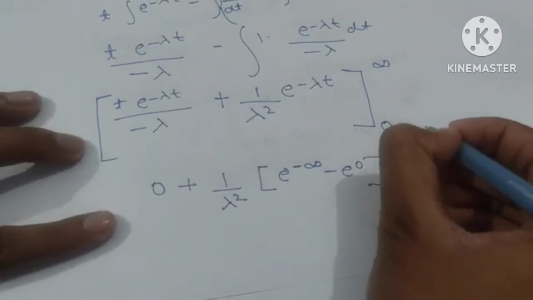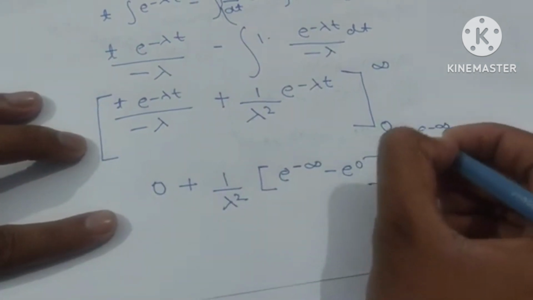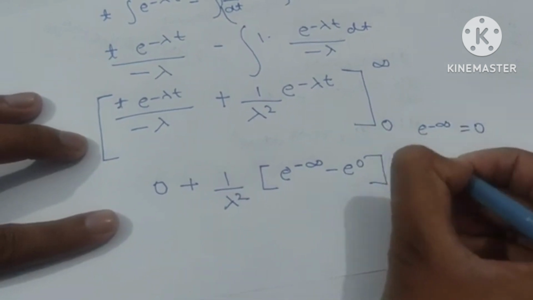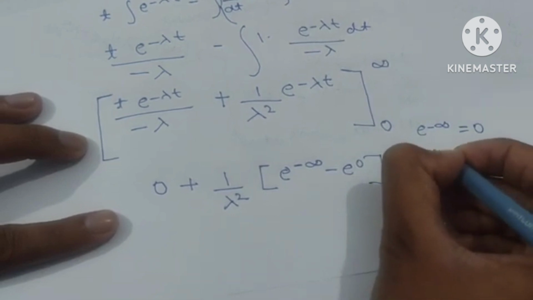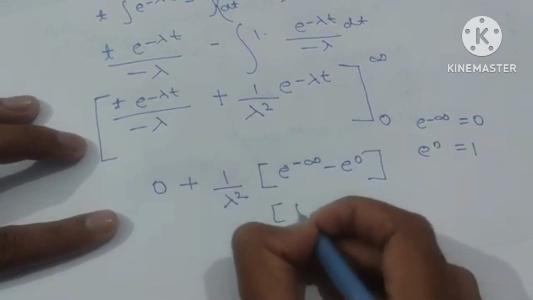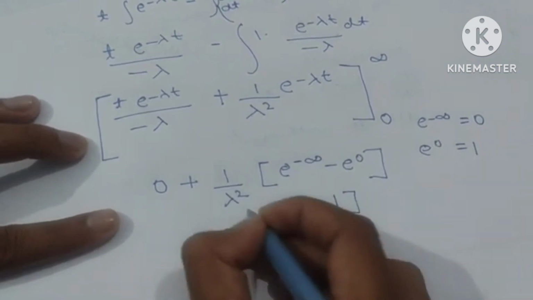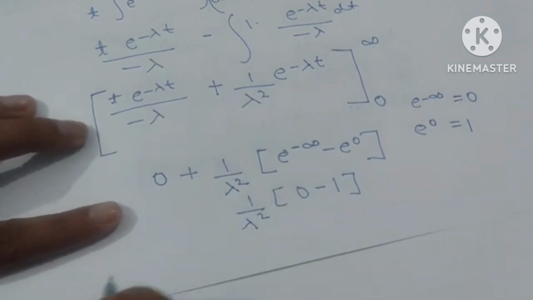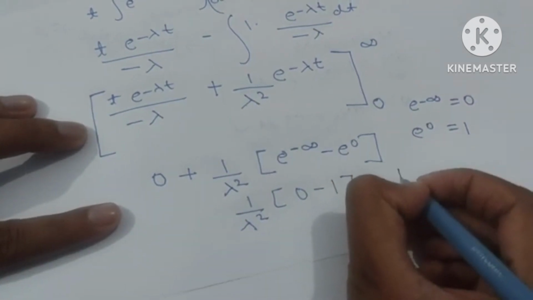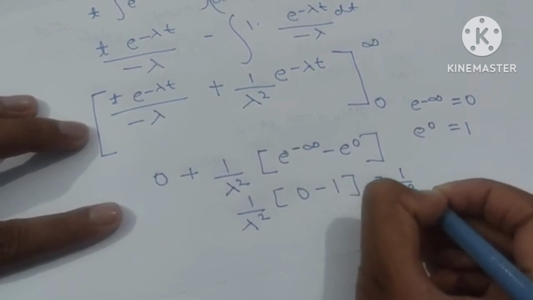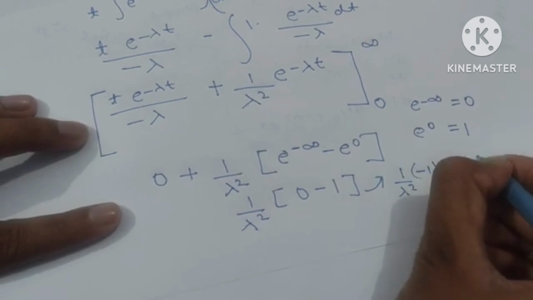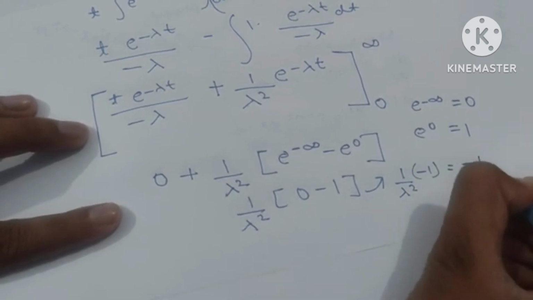So here is the case, if we have the exponential power minus infinity, then we'll have the 0, and if exponential is power 0, then it will be the 1. So here is 0 minus 1 by lambda square. It is visible to all of you, and that will be lambda square minus 1. So it will be minus lambda square.